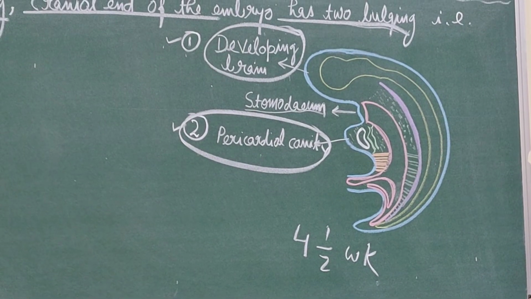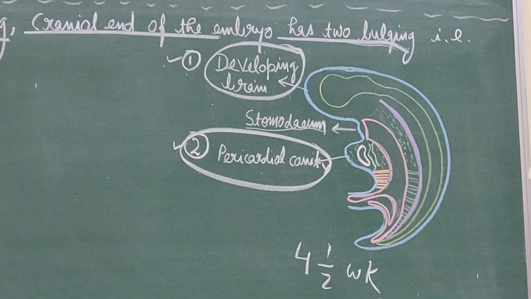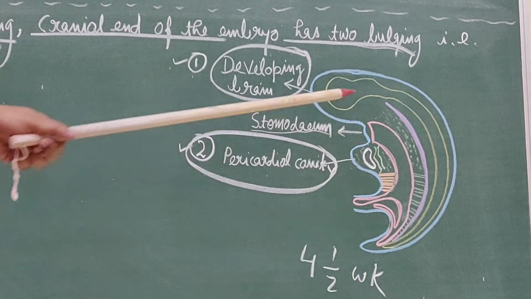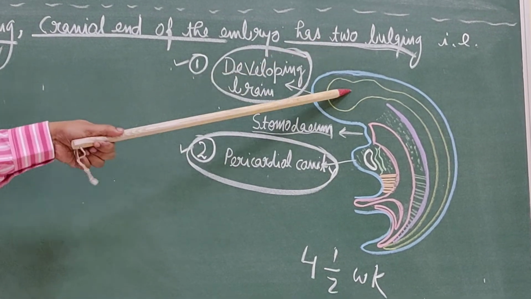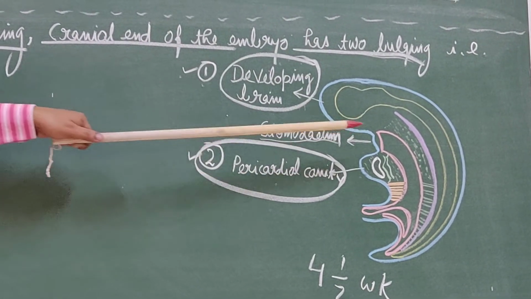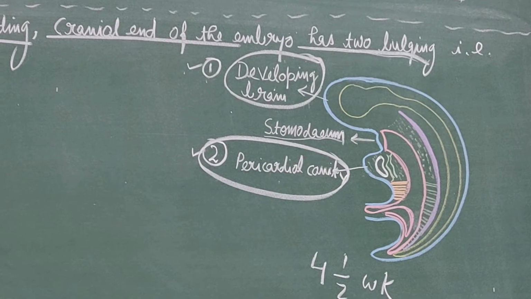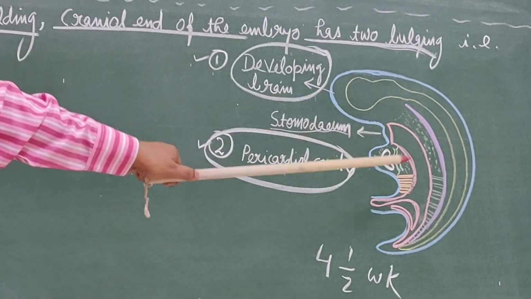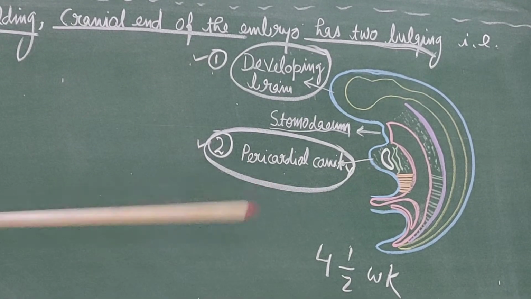So, as a result of this head folding, there are two bulgings present cranially. One is the developing brain, situated most cranially, and one is the pericardial cavity, situated caudally, or we can say this is the dorsally and this is the ventrally situated bulging.